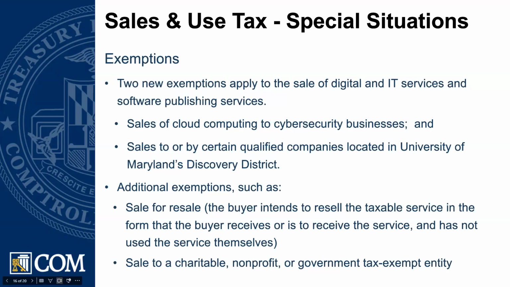For charitable or nonprofit tax exempt entities, those entities have a wallet size card called a SUTEC, sales and use tax exemption certificate, that's issued by the Comptroller's office that they would present to the vendor in order to purchase taxable tangible personal property or services tax free. So both of these are tax free sales, but they're going to look a little different in documentation.